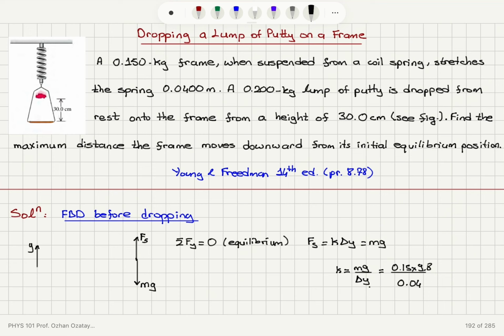So let's call this the stretch in the equilibrium position, and that gives us 36.75 newtons per meter for the spring constant of this coil spring.